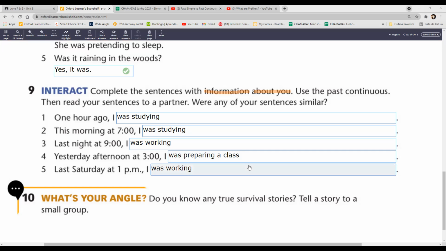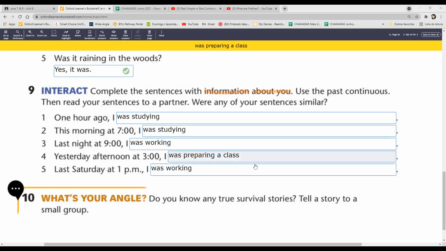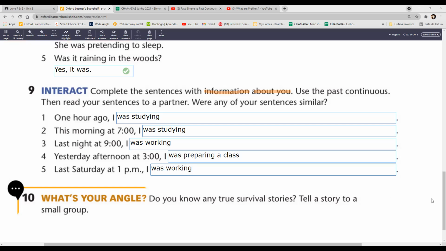I was studying. Oh, very nice. I was with my grandma. Sorry, can you repeat, please, William? I was with my grandma. Oh, very nice. That's good. And last Saturday at 1 p.m.? I was studying. Okay, good. All right, people. So this is the past continuous. No big deal, okay?